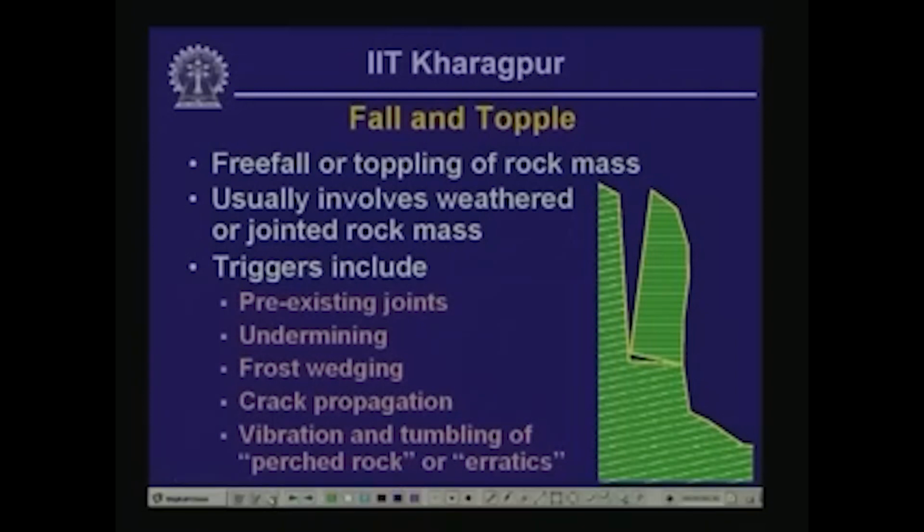So a perched rock is a precariously balanced huge mass of rock at the surface of another formation. So this one could be a perched rock, and such a weathering formation could be because of wind or wave erosion.